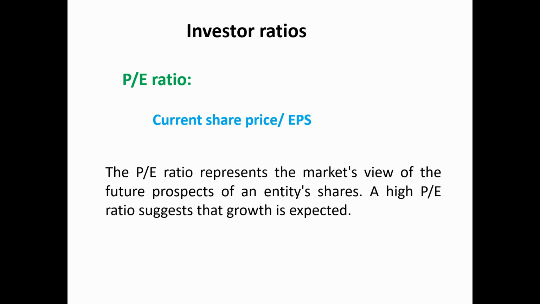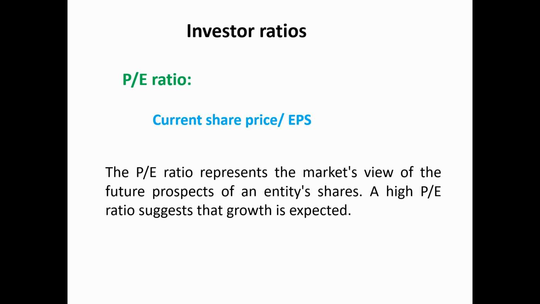One is the PE ratio. The PE ratio is used to know the market view of the future prospects of an entity's shares. By seeing this ratio, investors decide whether to invest in that company's shares or not. A high PE ratio suggests that growth is expected.